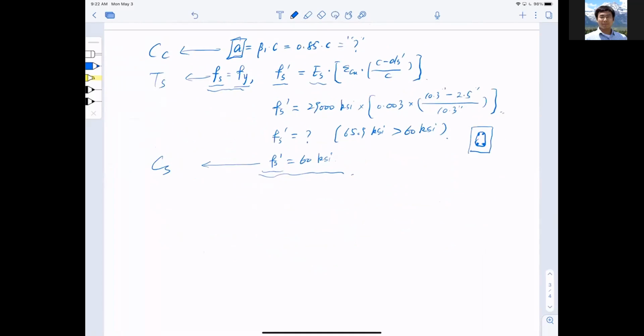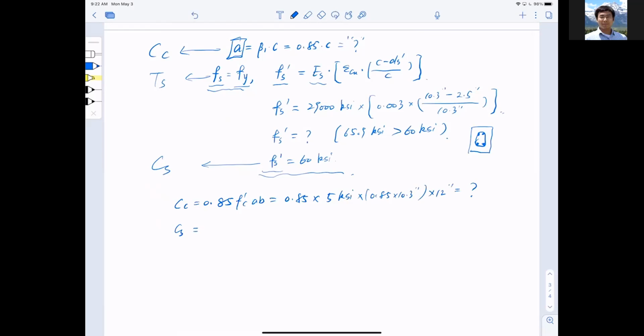Okay, so in this case, Cc would equal 0.85 f'c a b, right? So 0.85 in front of f'c, which is 5 ksi concrete. And a is some number we calculate out. So 0.85 multiplied by 10.3, and that is a. 10.3 is C, by the way. And width is 12 inches. So you get the compression force Cc. Now, what about Cs?